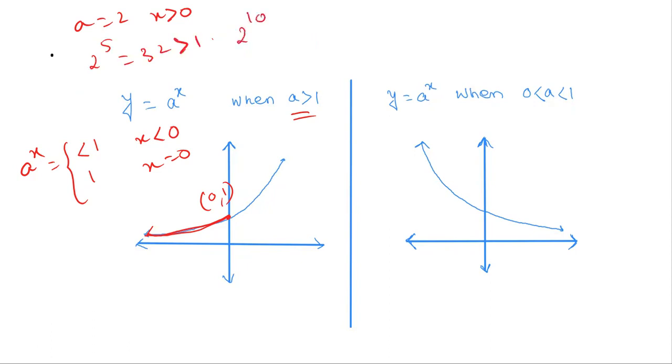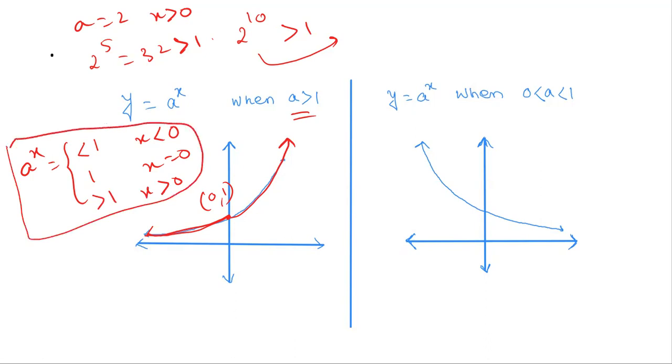Again, 2 to the power 10 is greater than 1. So the graph will increase to infinity. This is the way it should go. When x is greater than 0, the value is greater than 1. This is the way you should approach the graph of the exponential function.